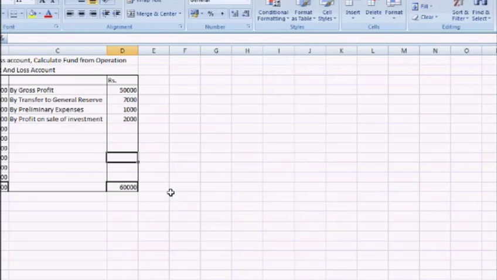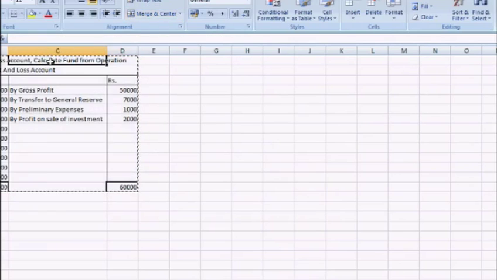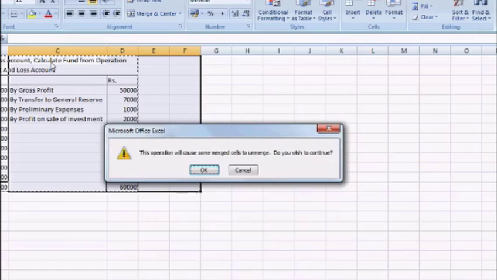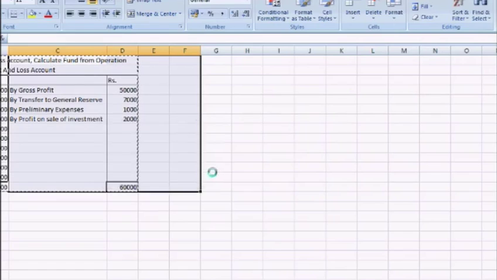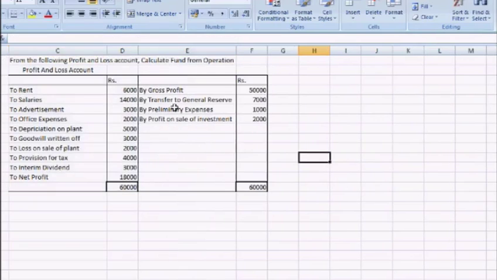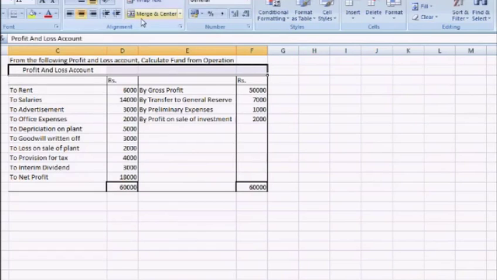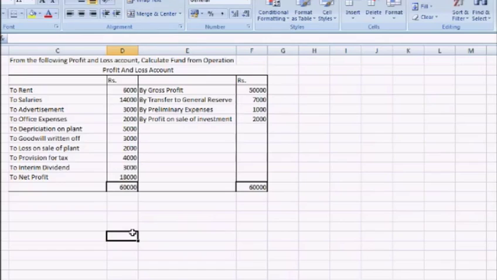Just present it in front of the screen. So this is our question. And what we have to do is to calculate fund from operation.